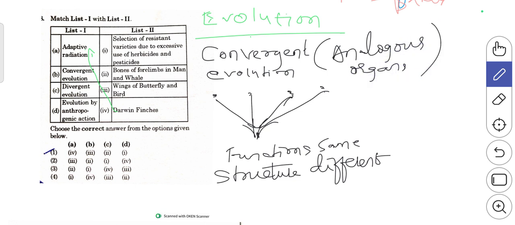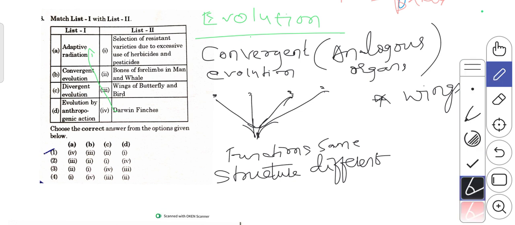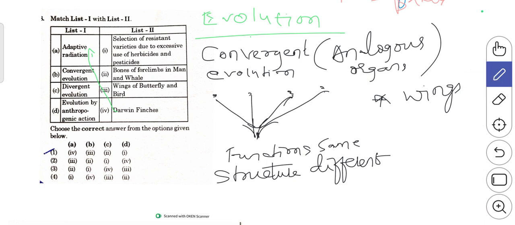So convergent evolution is called analogous organs. They have given an example of wings. So the correct answer for this one will be the wings of butterfly and bird.